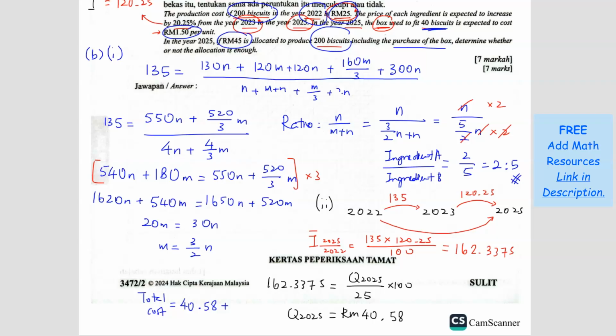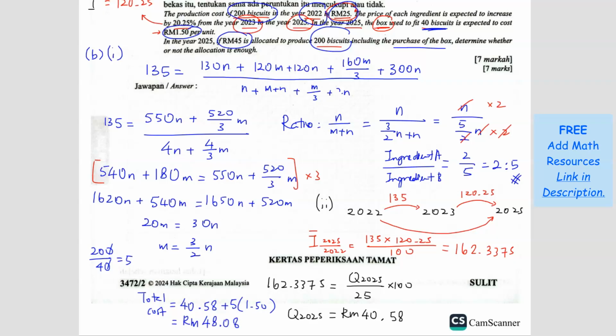But we are not producing 40 biscuits, we are producing 200 biscuits, correct? So 200 divided by 40 is 5. That means you need 5 boxes, so 5 times 1.50, plus 40.58, you should get RM 48.08.